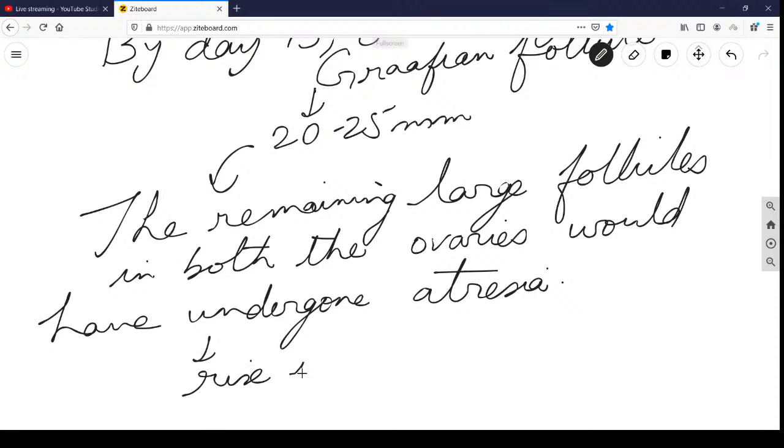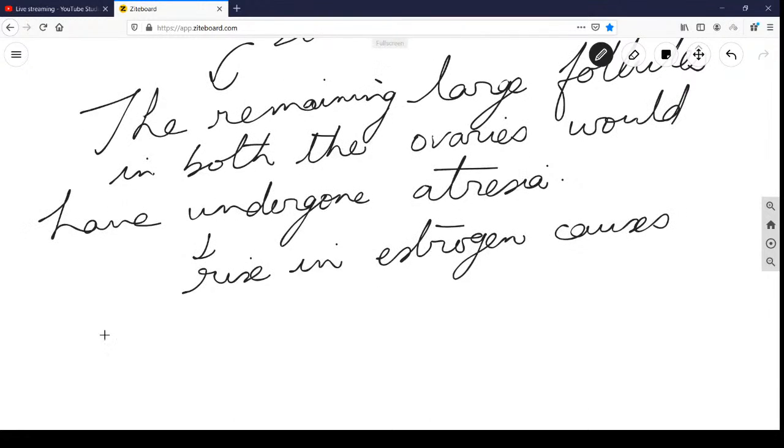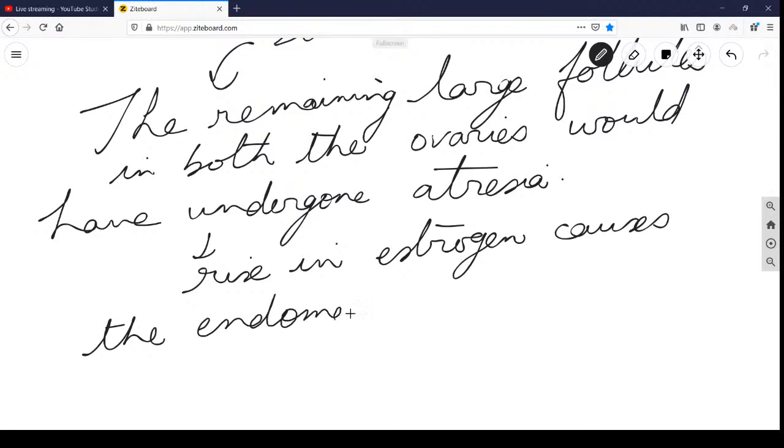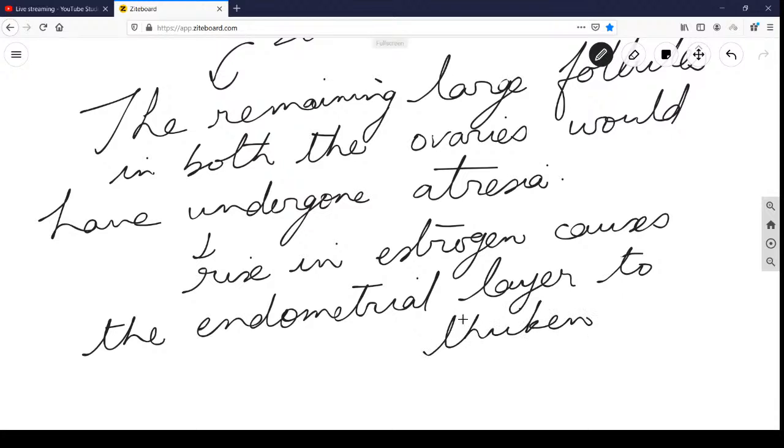This rise in estrogen causes the stratum functionalis, the endometrial layer, to thicken. That is what is known as the proliferative phase. The cells proliferate, the vascularity increases, to thicken during this follicular phase.